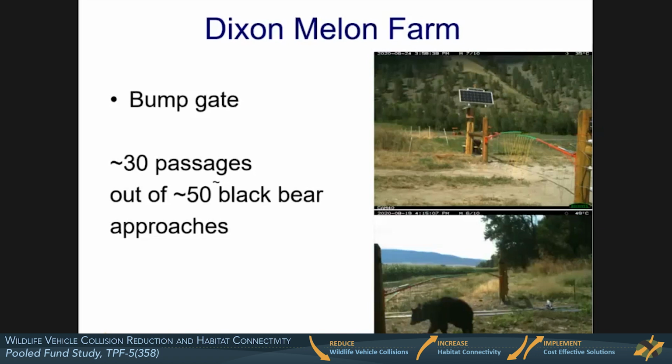In addition, it seems that these vertical strands are very easy to walk in between, and the wires kind of slide on the side of their fur, and perhaps their fur provides some sort of insulation from the shock. We were not happy with this performance because about 30 bears passed out of the 50 that approached in front of that one gate. So that's not very good.